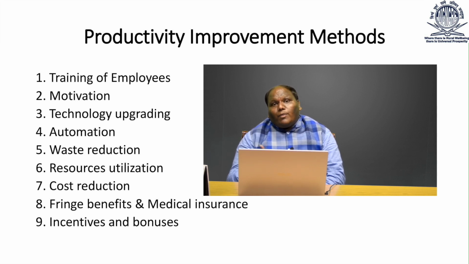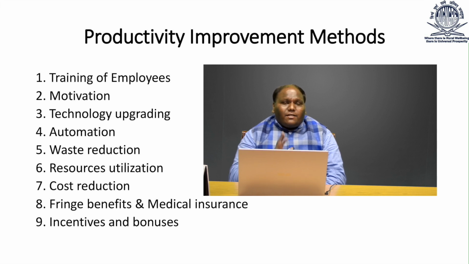So, what sort of improvement mechanisms we have to follow. So, one is we have to focus on training of the employees. So, we are trying to enhance the skill set of the employees involved in the production process. Likewise, we are trying to motivate people who are involved in this.